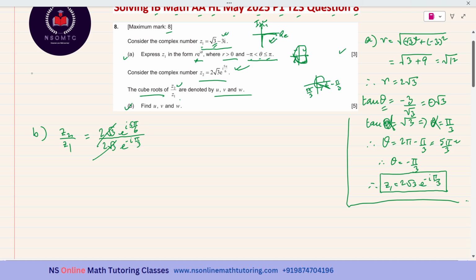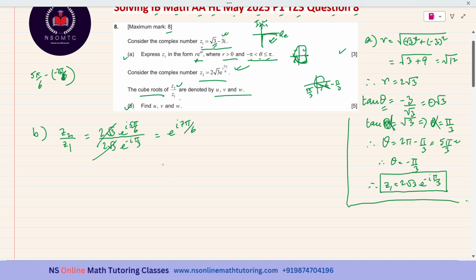If we do the rough work over here, 5 pi over 6 minus of minus pi over 3. What is it? This pi over 3 can be written as 2 pi over 6. And minus of minus is plus. 5 plus 2 is 7. So this is equal to e to the power of i 7 pi over 6.